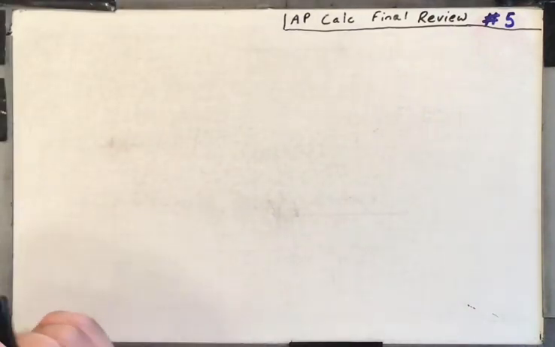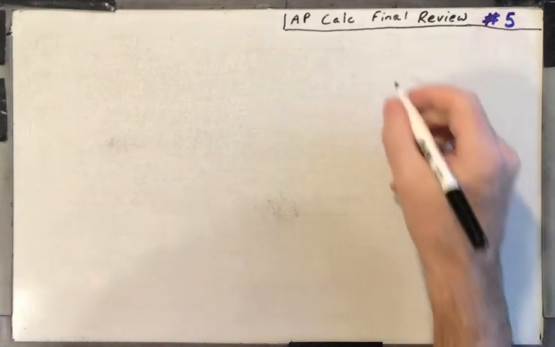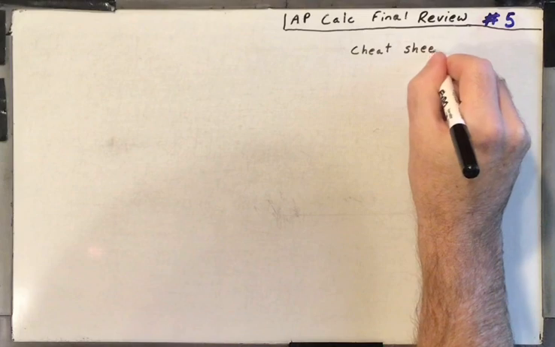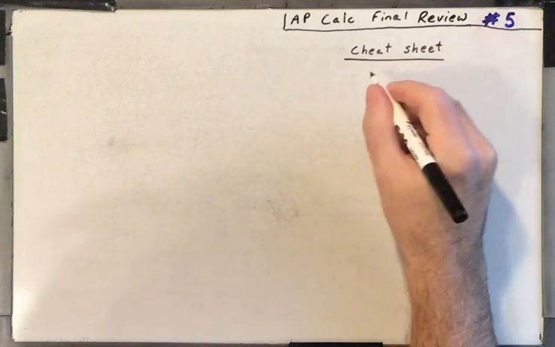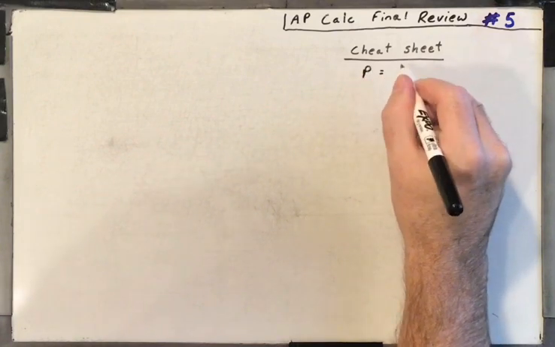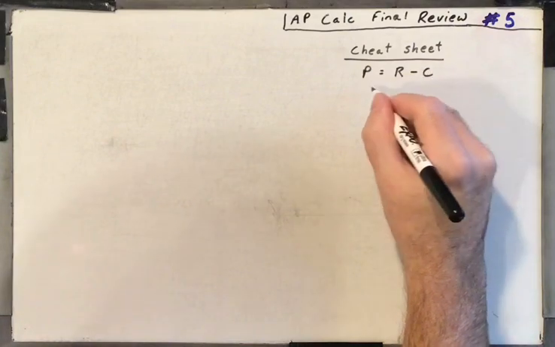With the business problems, we need to write down our formulas. You're going to want to put this on your cheat sheet if you're going to make one. I'm not going to put all the ones that we used before because you won't be asked about everything, but profit is equal to revenue minus cost.